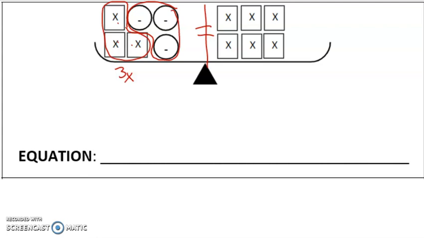This is -1, 2, 3, 3 negatives, so -3. On the other side, I have my variables. I have 1, 2, 3, 4, 5, 6 of them, so that's 6x. So my equation then is 3x minus 3 on the left side equals 6x on the right side.